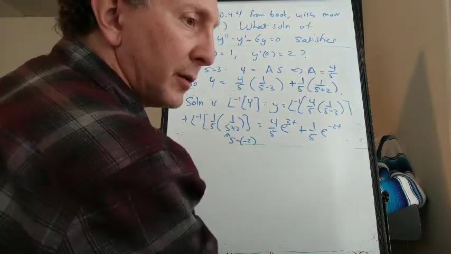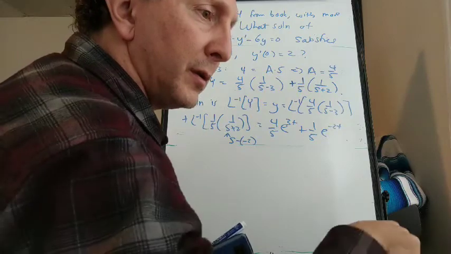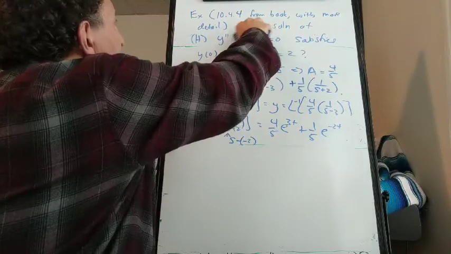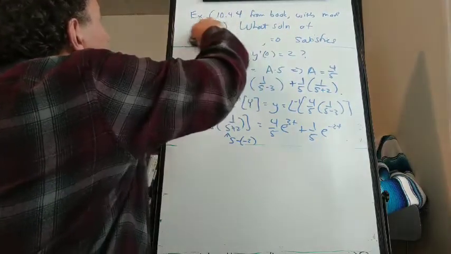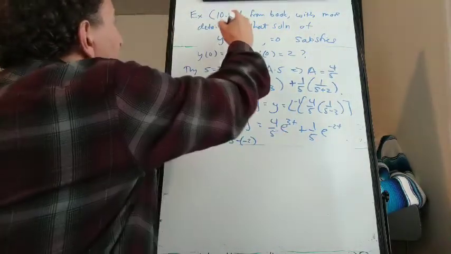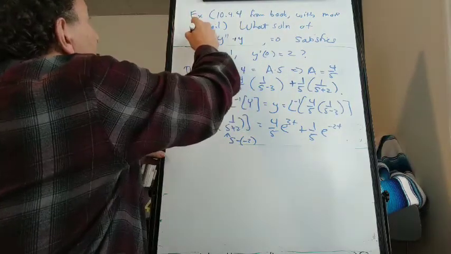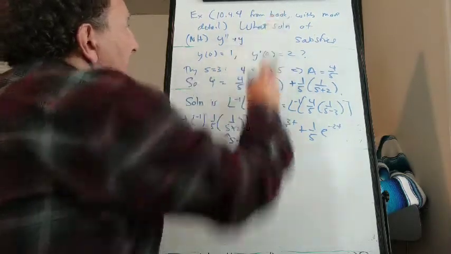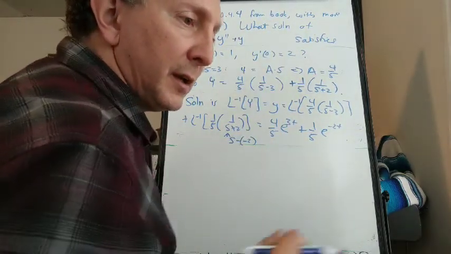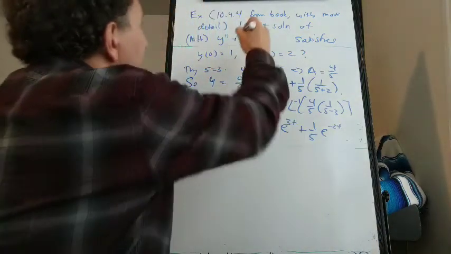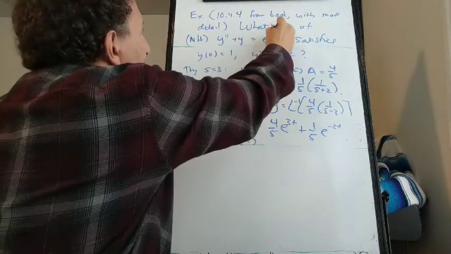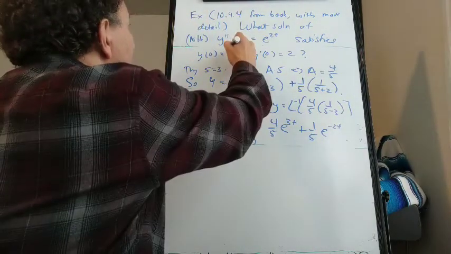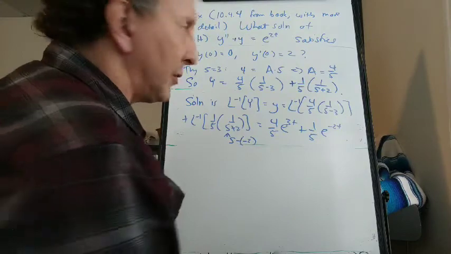So the question is, what solution of y double prime plus y equals e to the 2t satisfies the initial conditions y of 0 equals 0 and y prime of 0 equals 1?